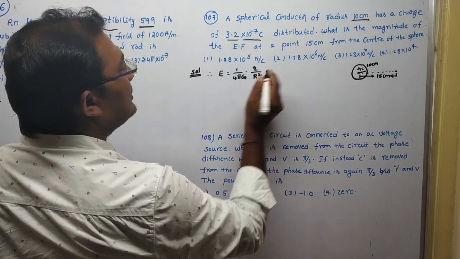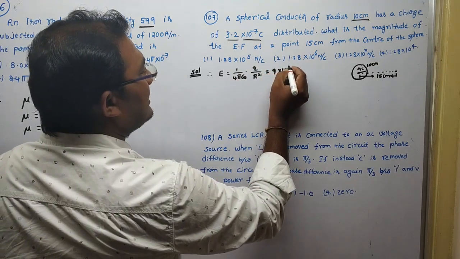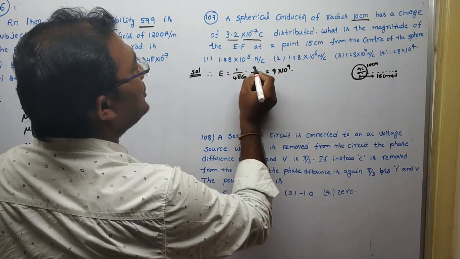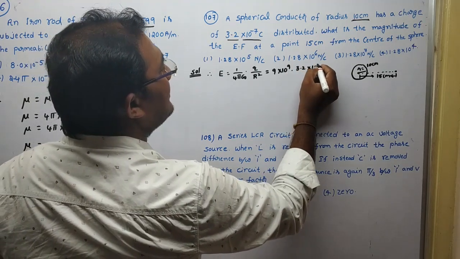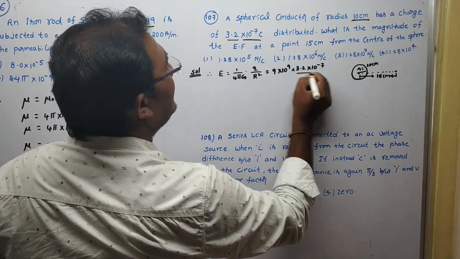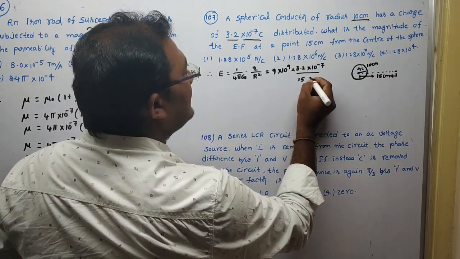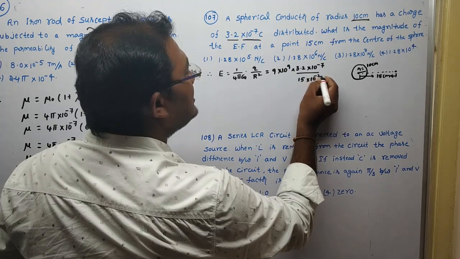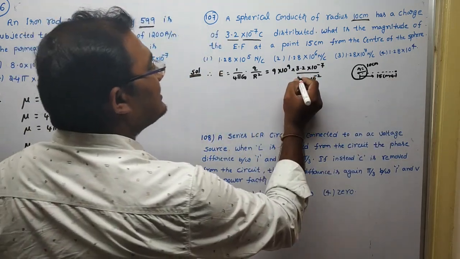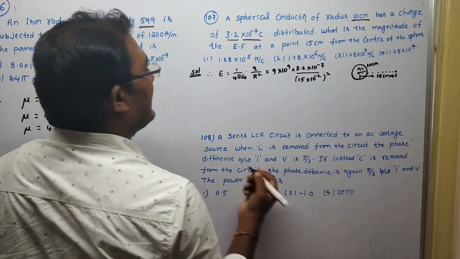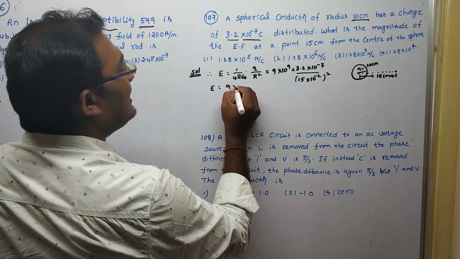That equal to, here 1 by 4 pi epsilon naught value is 9 into 10 power 9. Here Q is 3.2 into 10 power minus 7 divided by R square, means 15 into 10 power minus 2. We have to convert the centimeters into meters. Therefore, whole square.